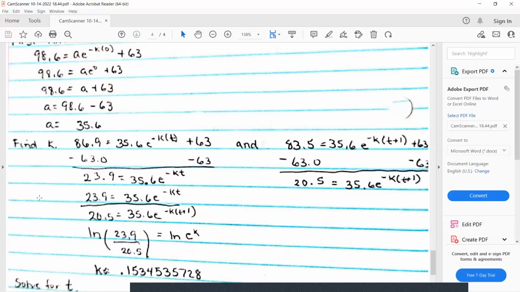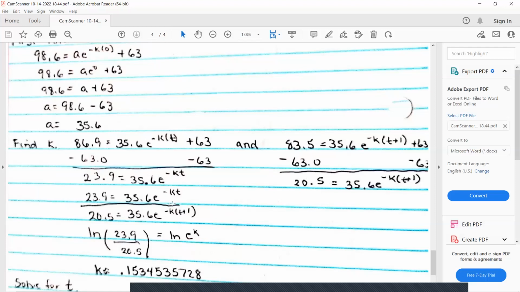Yes. All right, now here's the cool manipulation that you can do to help yourself. You need to solve for k, don't you? So what we're going to do, and this is the cleanest way to do this, kind of like what we did with the other one, but not quite as complicated, I'm going to take this equation with negative kt in it, and I'm going to divide the whole equation by this other equation that I just got.